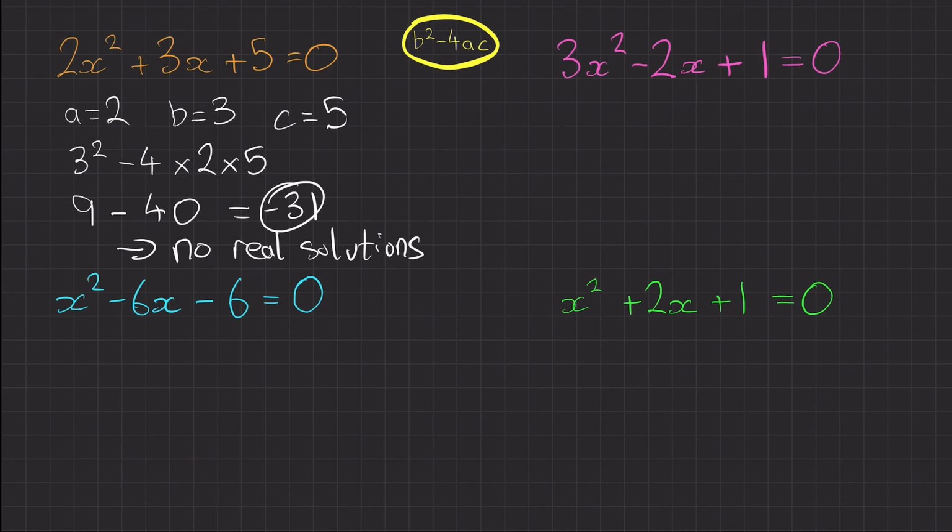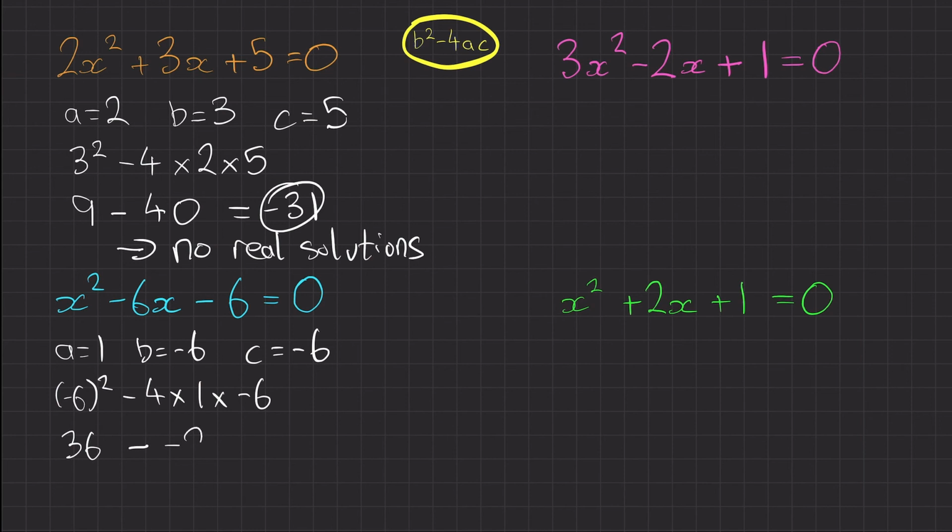Question 2 in blue, we've got a is 1, b is minus 6, and c is also minus 6. So we've got b squared, which is minus 6 squared, minus 4 times a times minus 6. This becomes 36, take away minus 24, which equals 60. Therefore, the discriminant is greater than 0, so there are 2 real solutions.